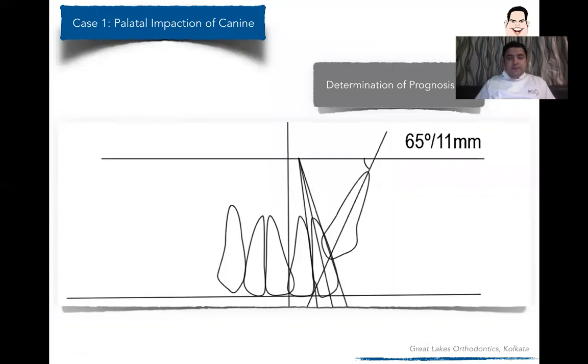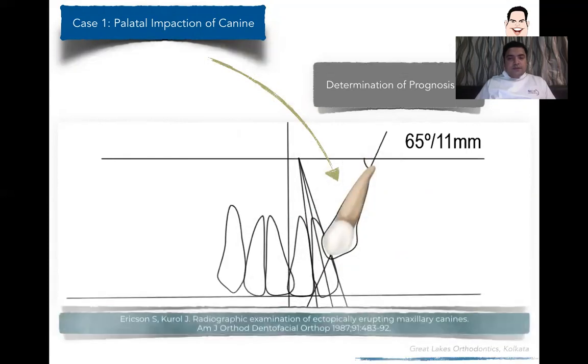If you go into the prognostic perspective, you will be able to understand that this canine was placed at 65 degrees to the occlusal plane and 11 mm from the occlusal plane, which makes it of moderate severity, according to this article by Erickson and Kroll, radiographic examination of ectopically erupting maxillary canine. Therefore, we need to understand that this case was of moderate severity, but since the patient was young and the canine was more or less favorably placed, we would attempt to bring down the canine into place.